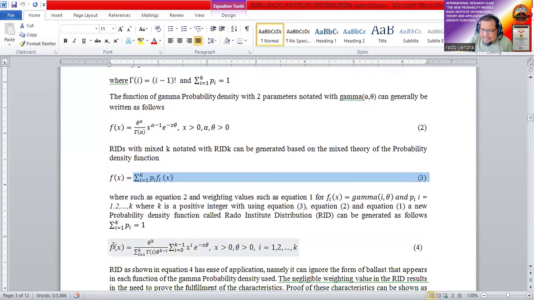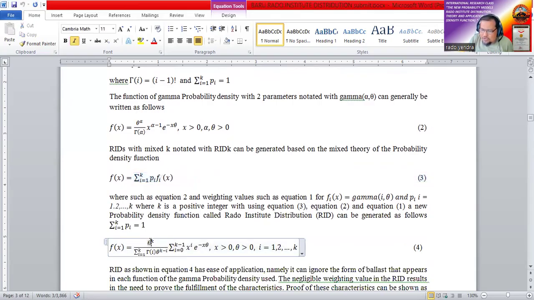We call that the Rama Indra distribution, like in the equation 4.